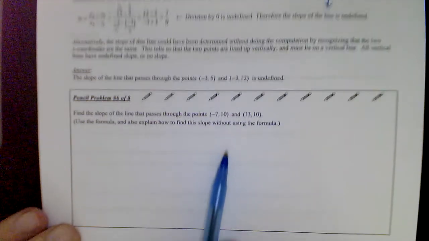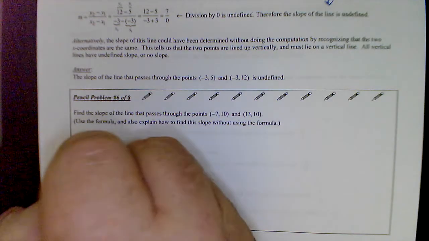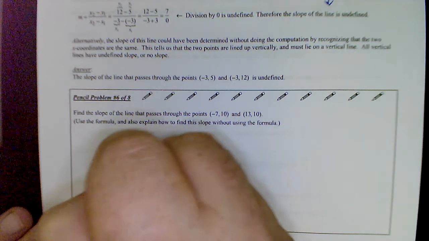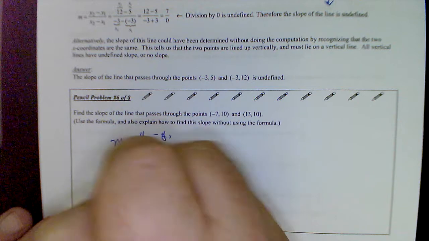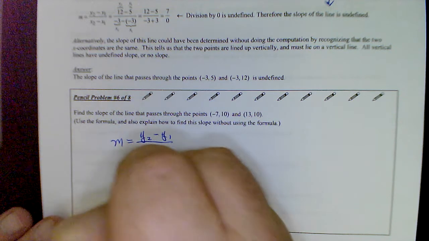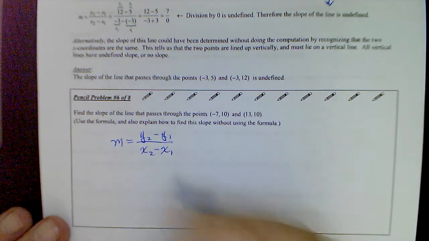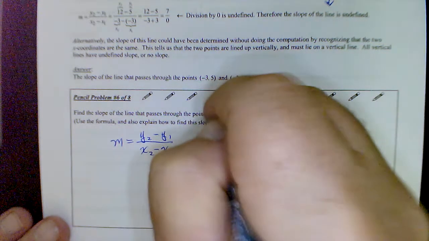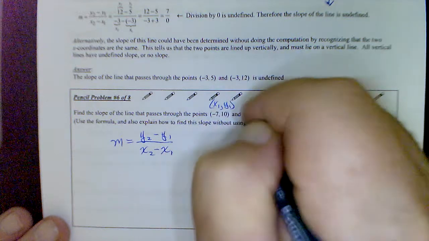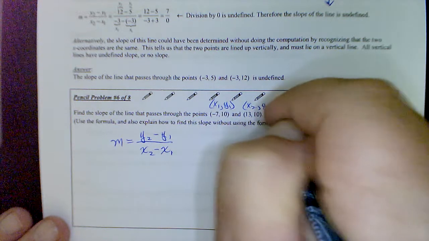And then similarly here, well, if you go through the slope formula, it takes care of everything for you. But another way to notice, okay, so this I'm going to treat as x1, y1, x2, y2.